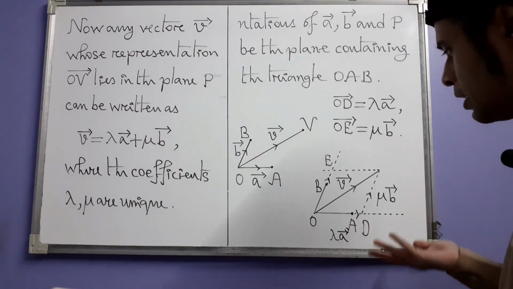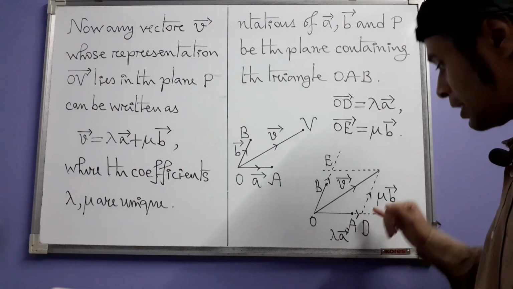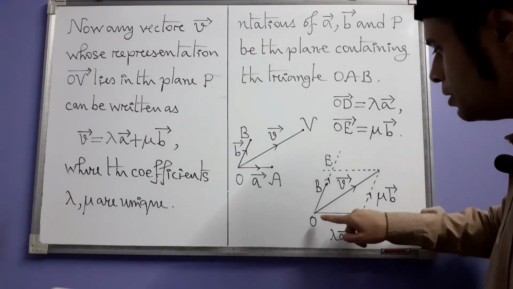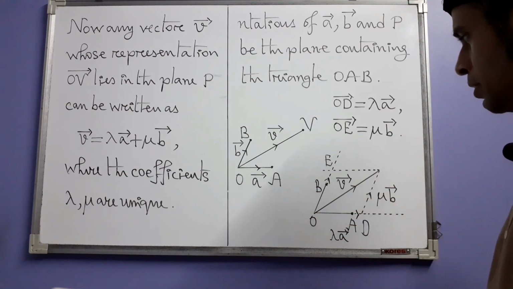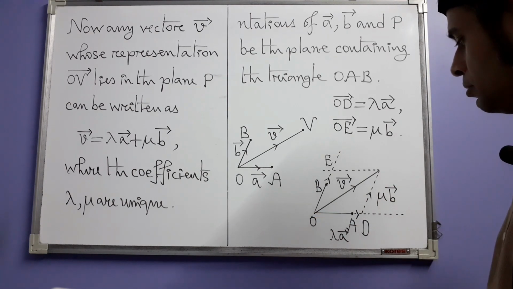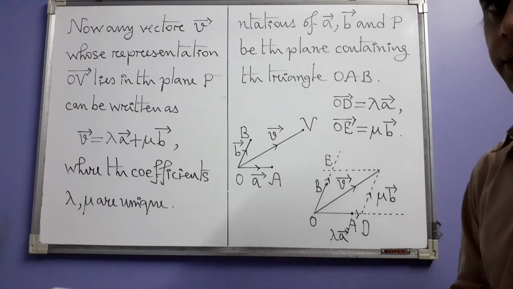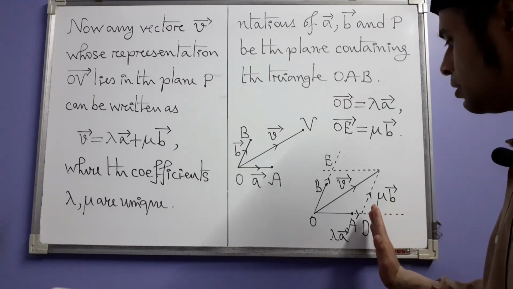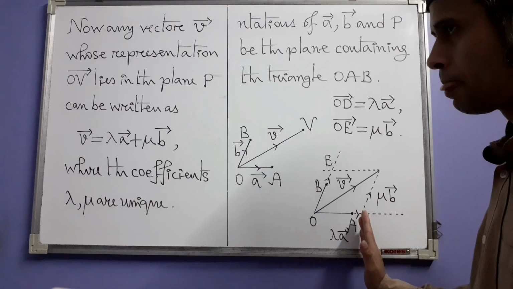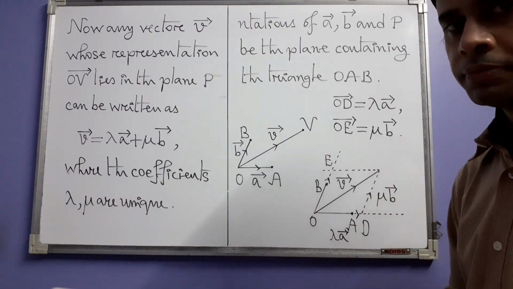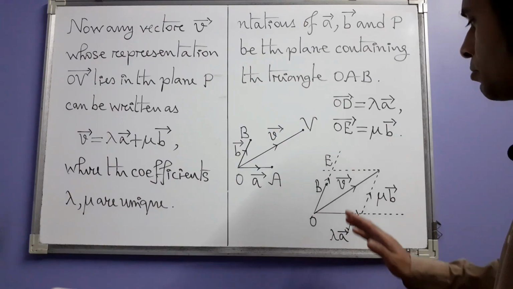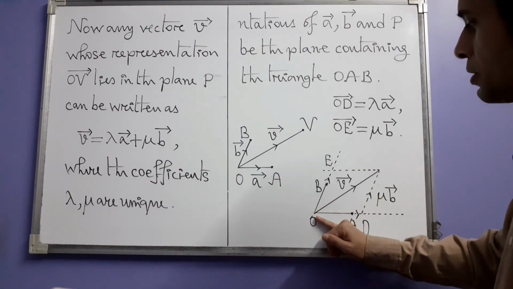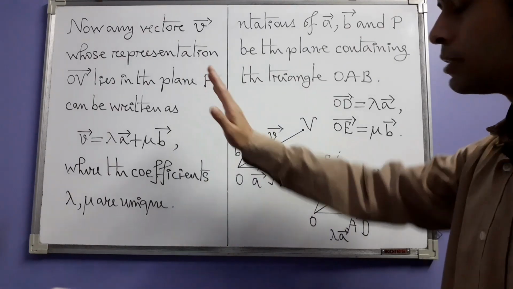Now let me also tell you a little about what I said just now, that in this case you had to consider OD, but will you ever encounter a case where you will have to consider a negative lambda? Here we said positive lambda, right? What about the case where your vector V starts at O but it goes in this direction?